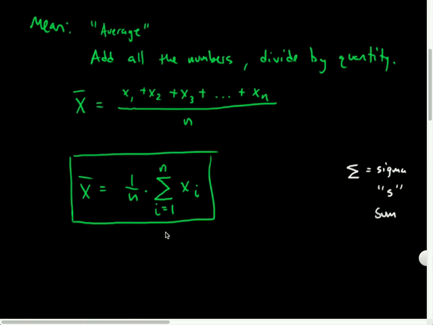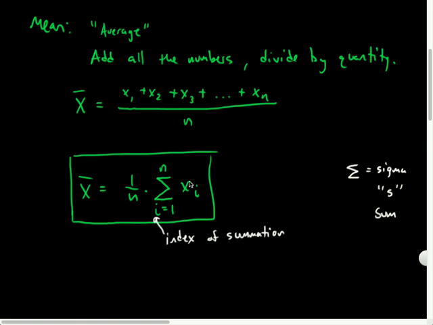This i is referred to as the index of summation. Like how this was x with a little subscript 3, this is x sub 1. The index of summation is kind of like your counting variable, I guess, is what I would describe it as.